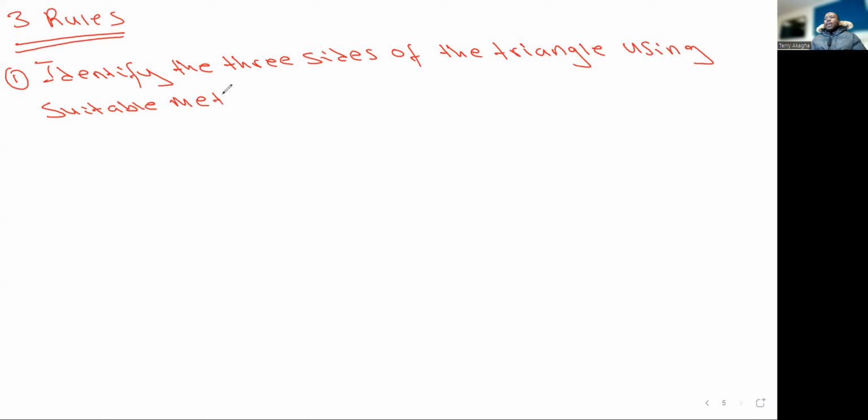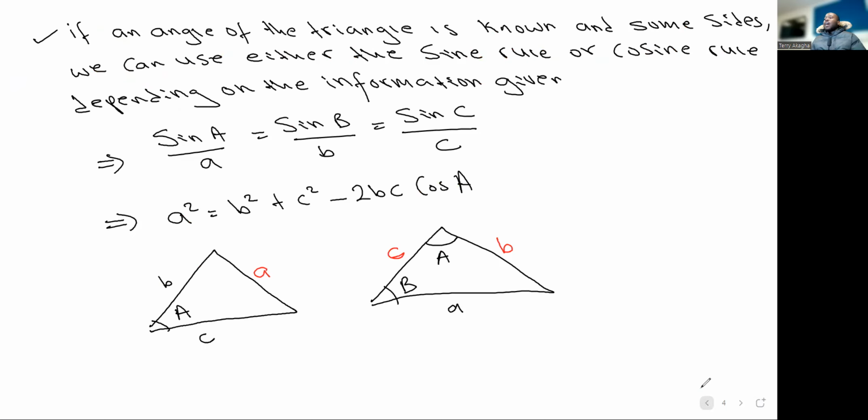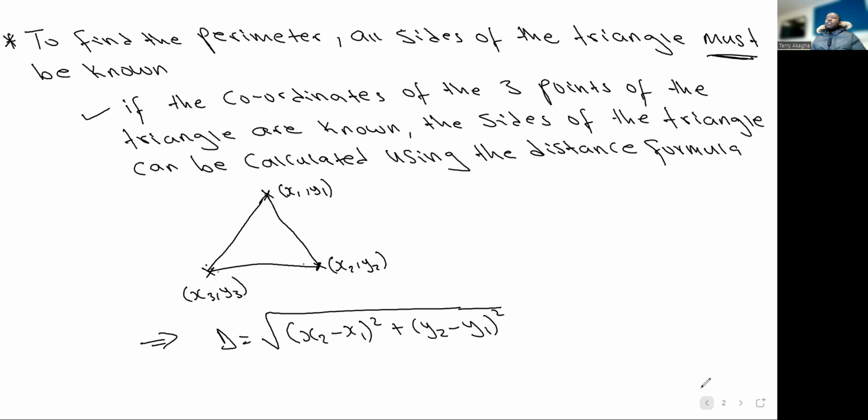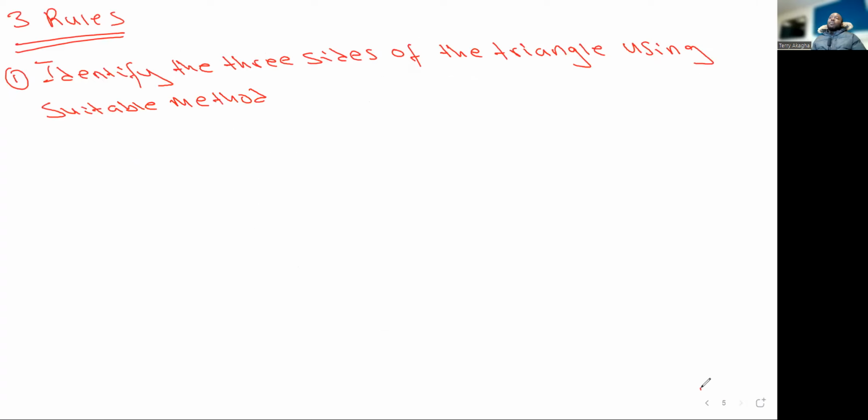Okay, so like I said, if it's a right angle triangle, if you have an angle and the side, or if you have the three coordinates, you find the distance or any other appropriate method. Then when you've done that, number two is that you have to substitute each side into the formula.